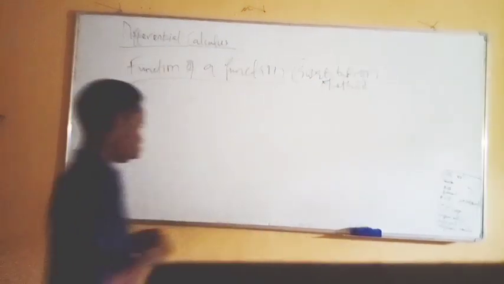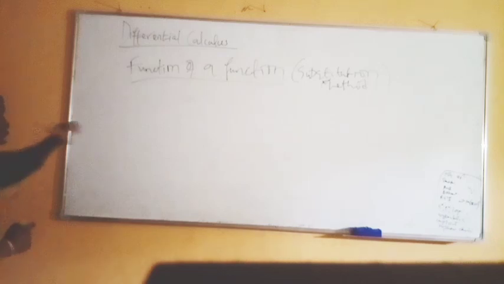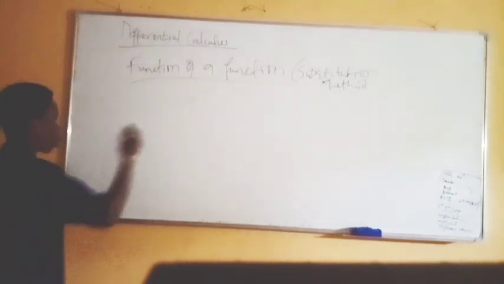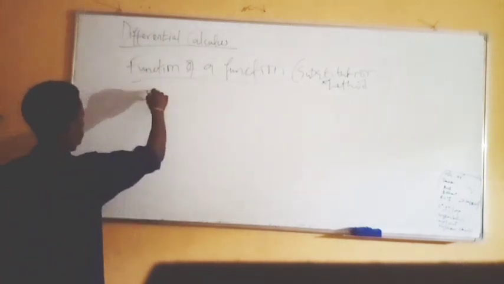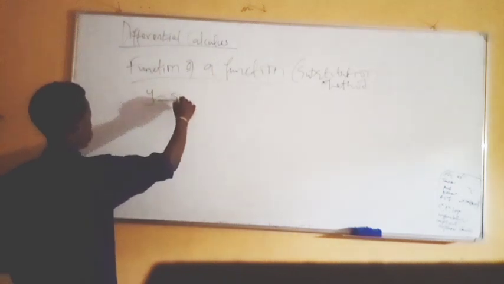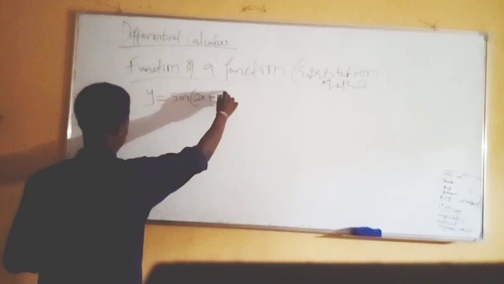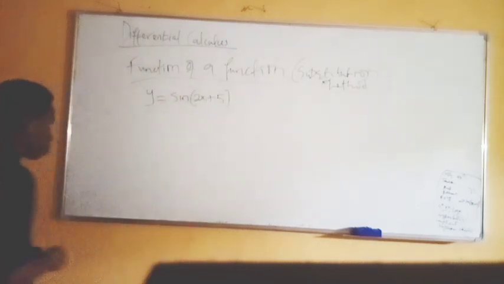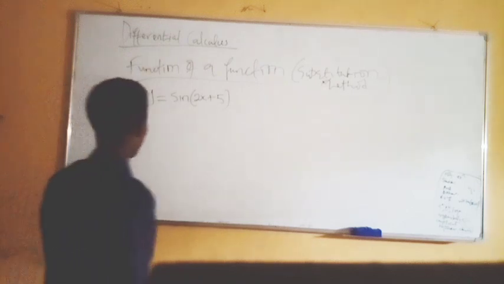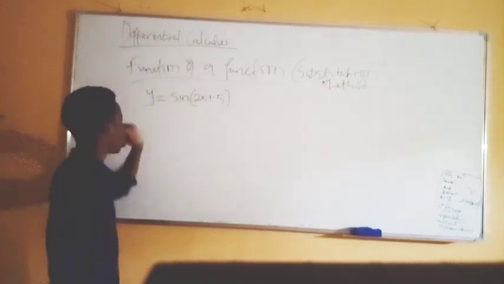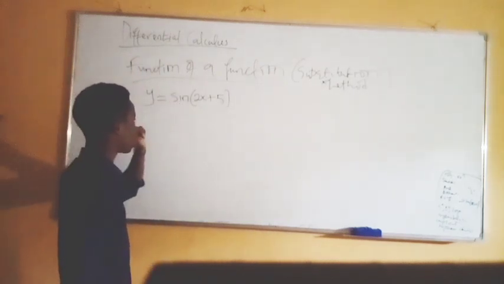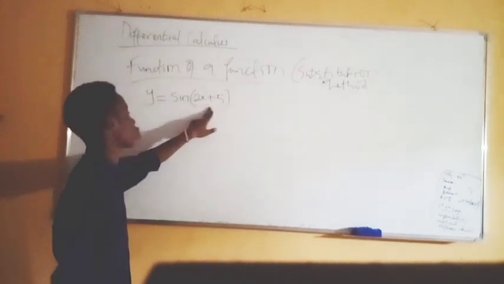Now, this substitution method you can use in this function. Take for example a function like this: y is equal to sine of 2x plus 5. How do we solve this? Because there are two functions here now. There is the sine function and there is the binomial function.